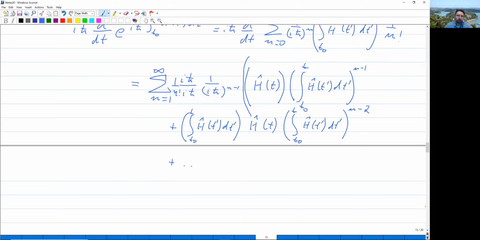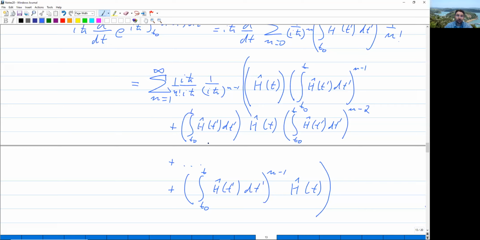So dot, dot, dot, plus at the end, we have the integral from t naught to t, h hat of t prime dt prime, n minus 1 times, and the nth factor is the one that we differentiate, and we get an h hat of t from that. And then we close the big bracket.